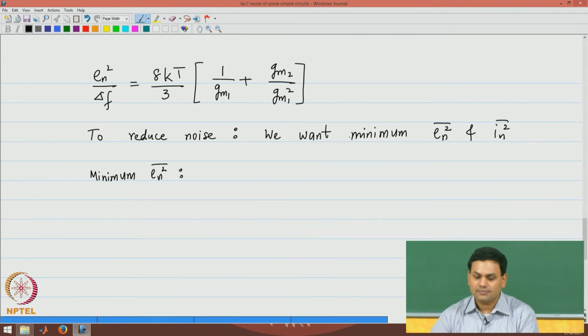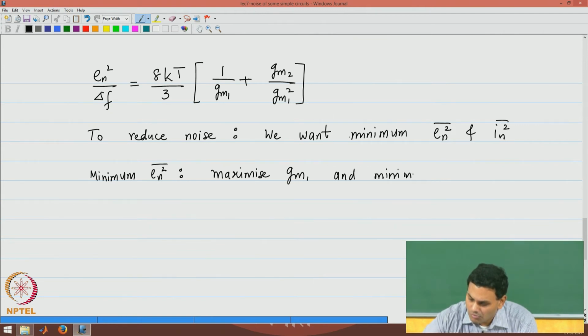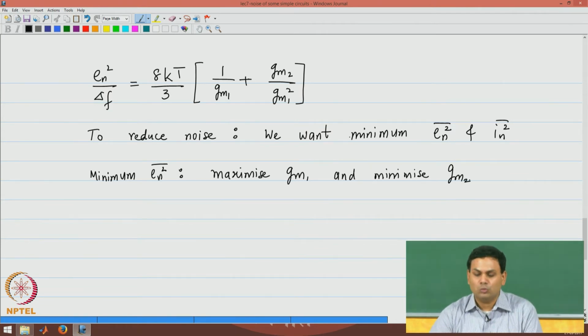In our case, this clearly points out that we need to maximize GM1 and minimize GM2.